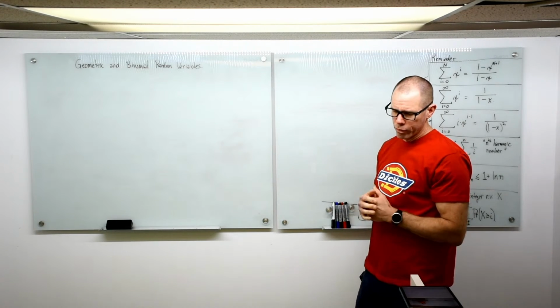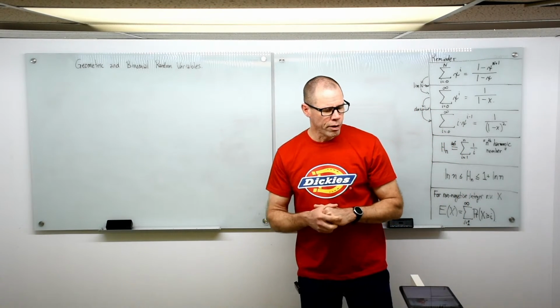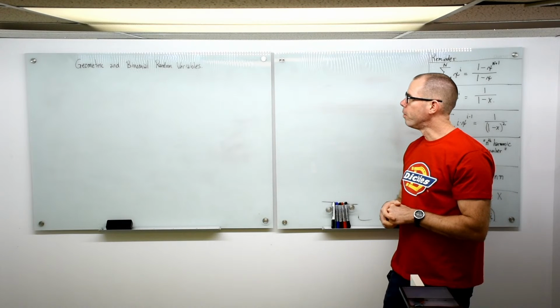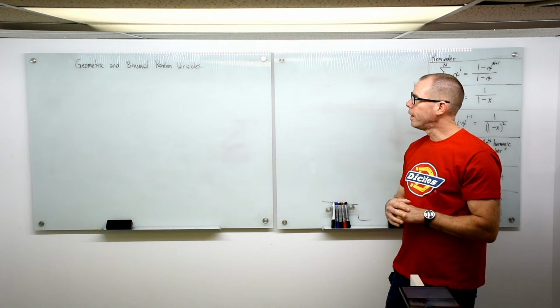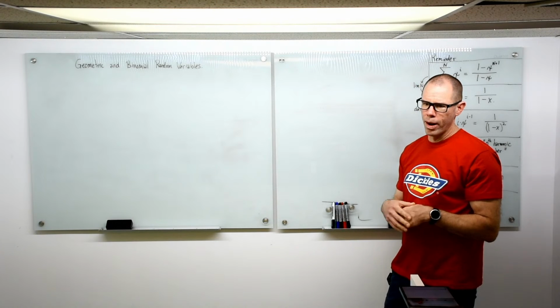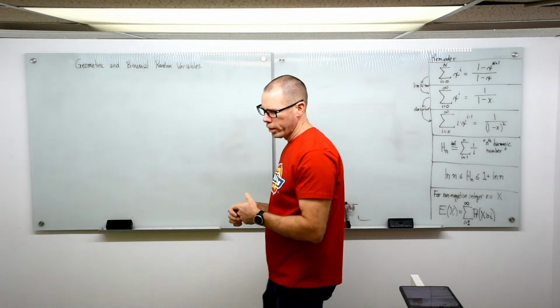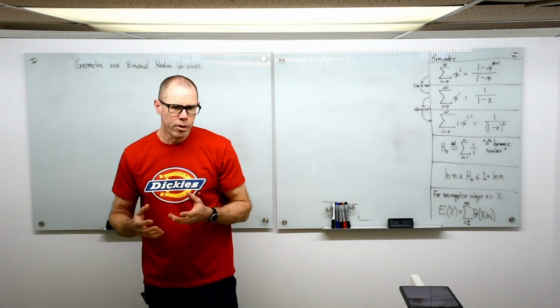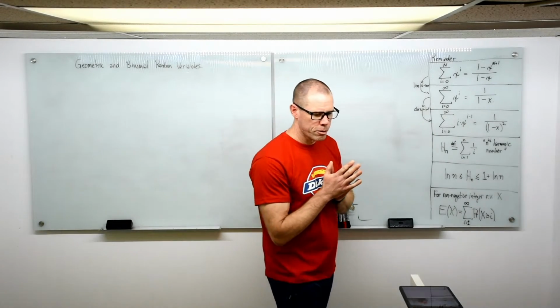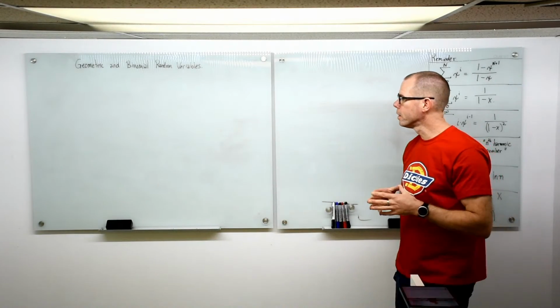Two really important kinds of random variables that come up frequently. So it's good to recognize them when we see them, so that we know the basic facts about them, in particular their expected value in this case.